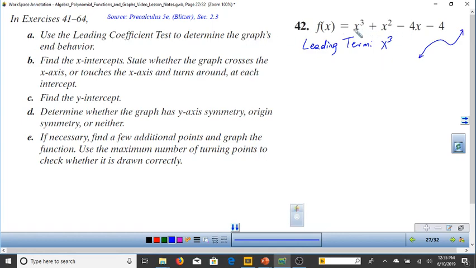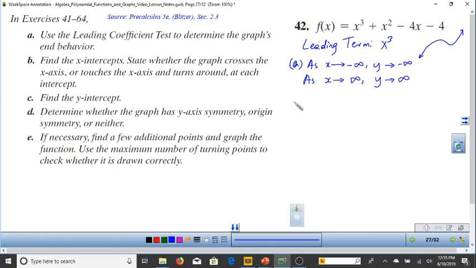The graph has an odd degree, so it has different, opposite end behavior, and the leading coefficient is positive, so it starts low, ends high. So we can write the end behavior very easily here as x approaches negative infinity, y approaches negative infinity, and as x approaches positive infinity, y approaches positive infinity. So that's very simple there.